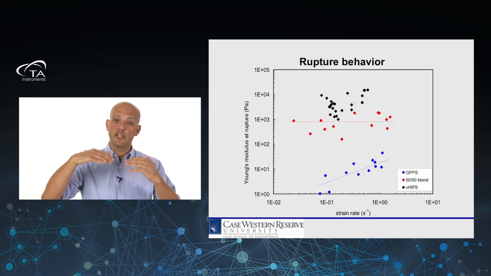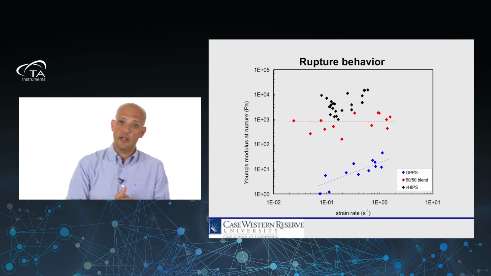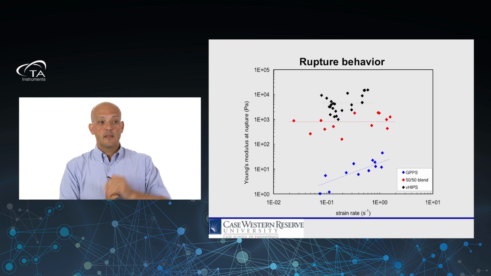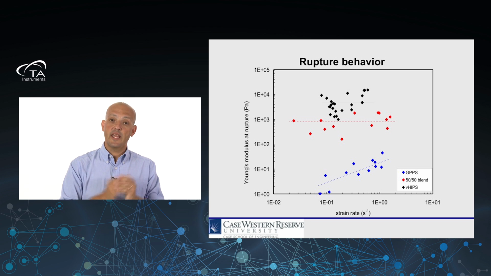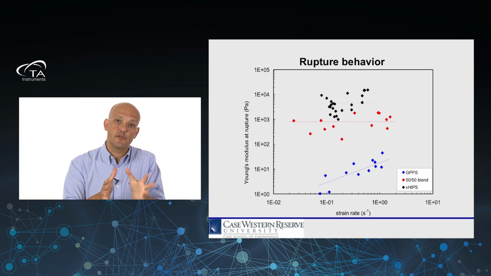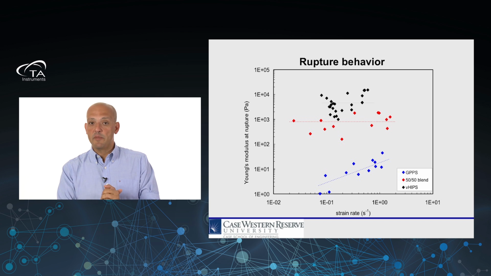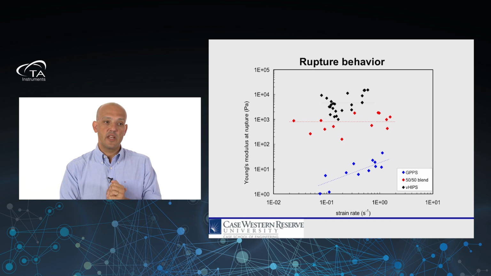So the rubber is really responsible for the increase in mechanical properties. 50-50 blend, lower modulus, but still relatively high at about 1,000 Pascal. And again, constant. So the influence of the rubber phase is very clear here. If you look at the blue diamonds, the general purpose polystyrene, very, very poor mechanical properties. Young's modulus of 1 to 10 Pascal.